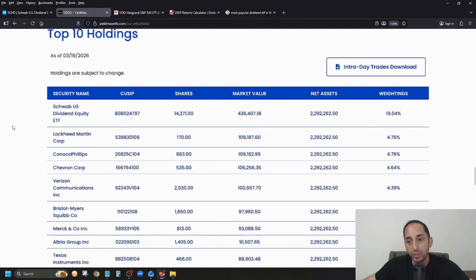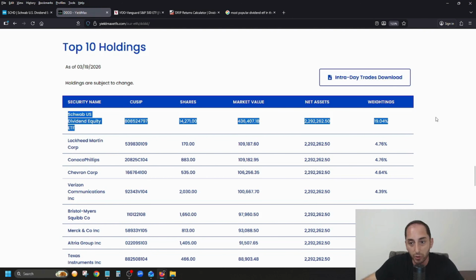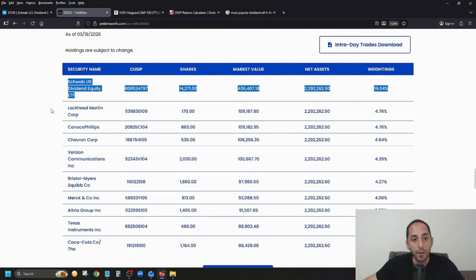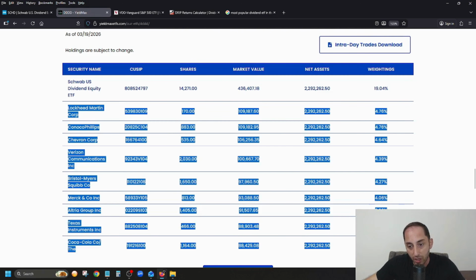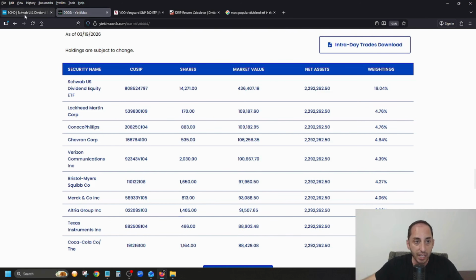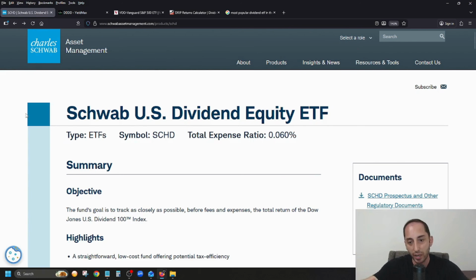And if we look at the holdings, you see that this ETF literally holds, the biggest position is SCHD itself, with other single stocks as well, which are in SCHD, right? So it's really designed to track SCHD's performance.